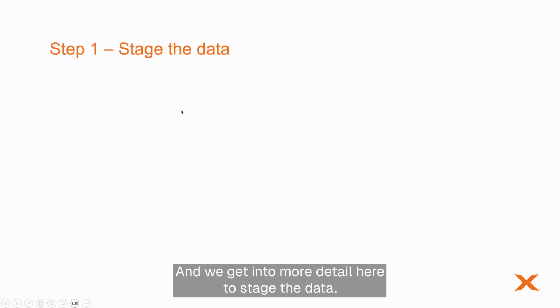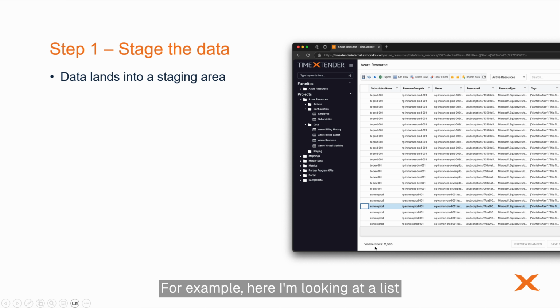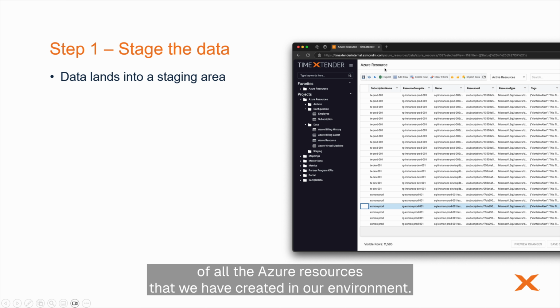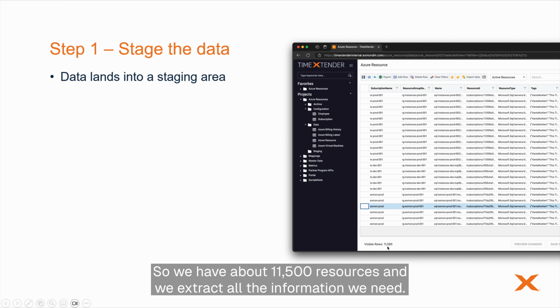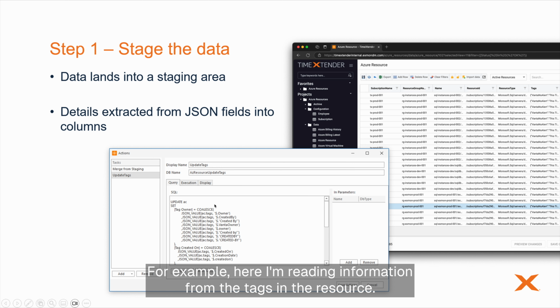And to get into more detail here, to stage the data, we land the data in Time Extended Data Enrichment. For example, here I'm looking at a list of all the Azure resources that we have created in our environment. So we have about 11,500 resources, and we extract all the information we need. For example, here I'm reading information from the tags in the resource.